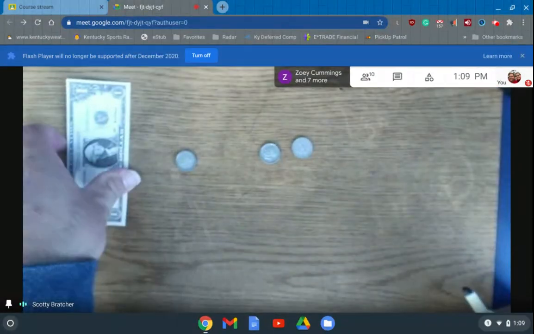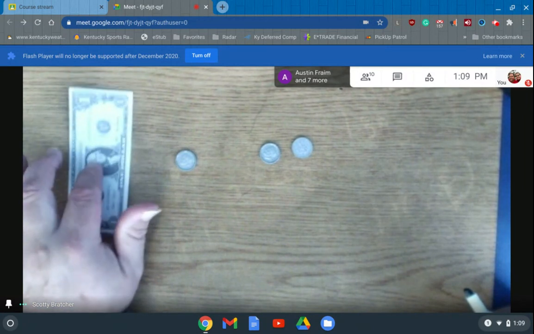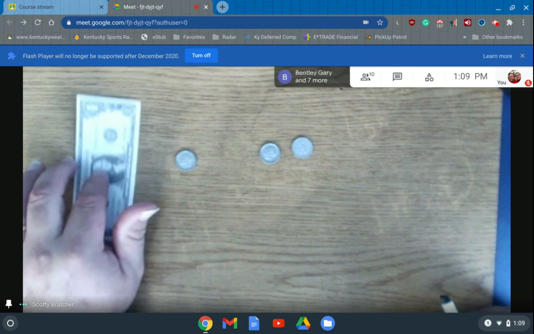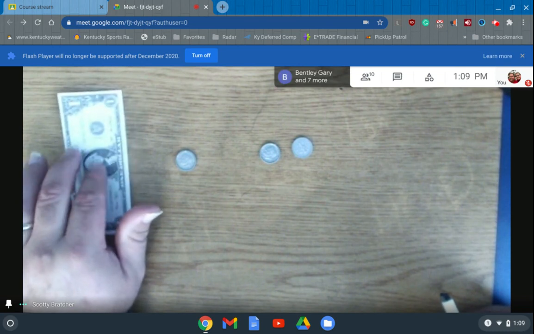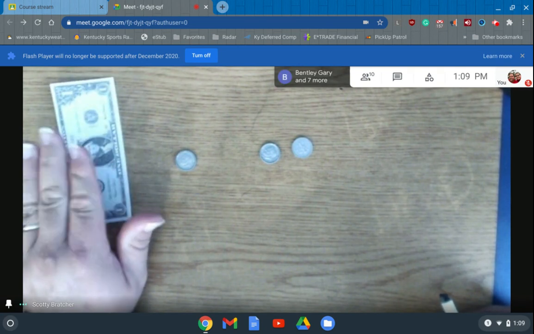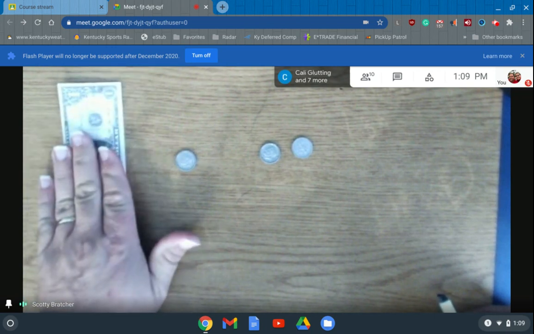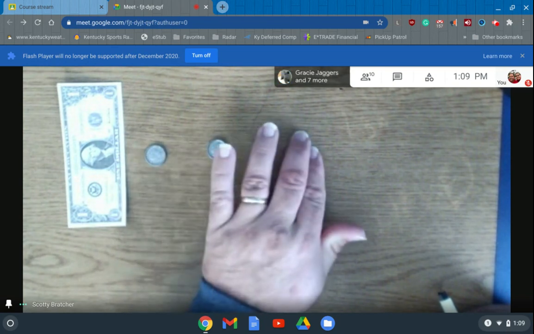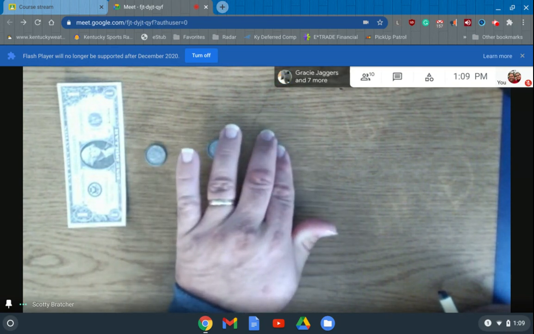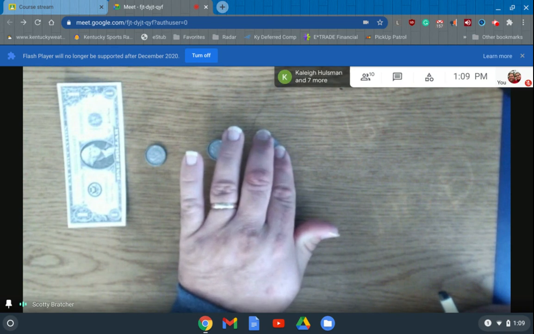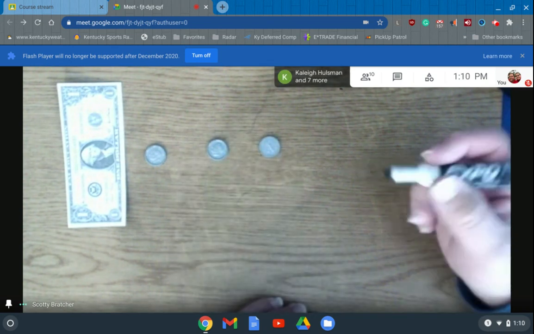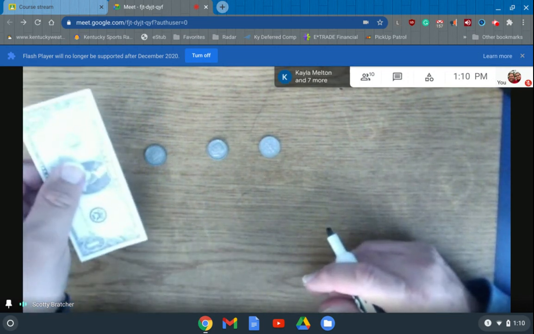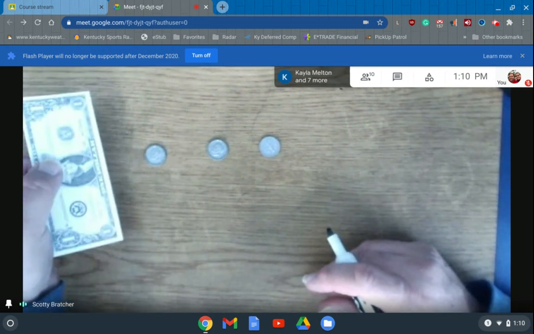So, how many tens is this? Gracie. How many tens makes this? 10. So there's 10 tens. This makes 11 tens, 12 tens, 13 tens. This is 10 tens, and it's kind of hard to think about because it looks totally different.